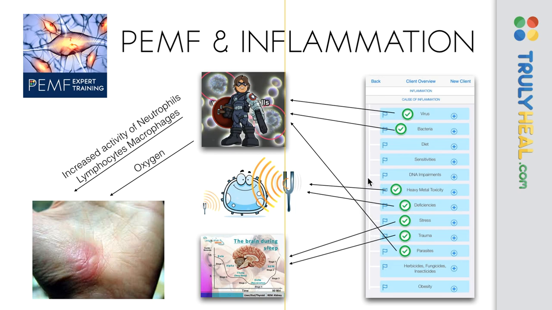Now, when you look at PEMF, what it really does, it activates your immune system. So for virus and bacteria, which are the main causes of inflammation, that's taken care of. Also parasites are taken care of, as your immune system is activated. When you look at the secondary effects that cause inflammation, it's heavy metal toxicity, which we all know is detoxified dramatically with PEMF.